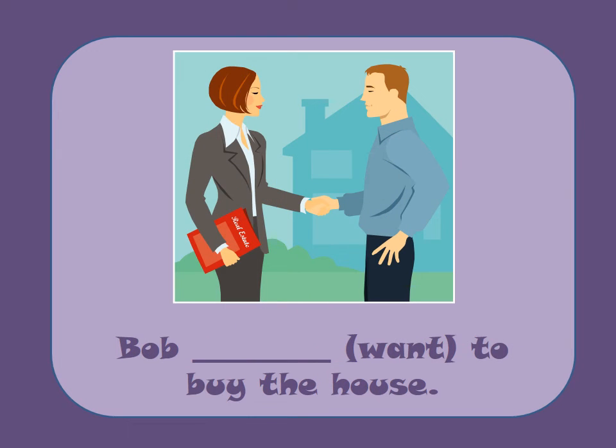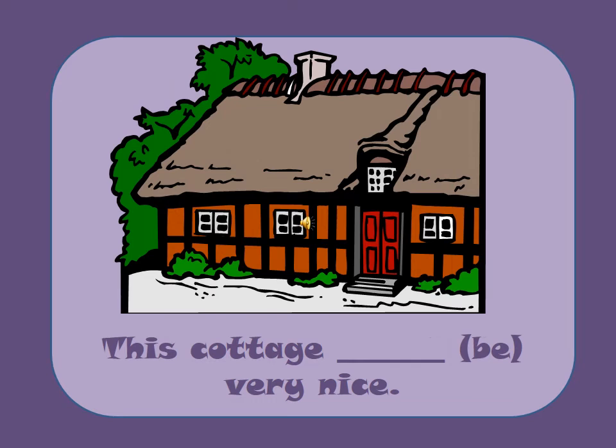This example, Pop want to buy the house. This is a fact about him, or what he wants, or a state. So we say Pop wants to buy the house. This one, this cottage, very nice. The verb to be in the present is going to be am or is or are.